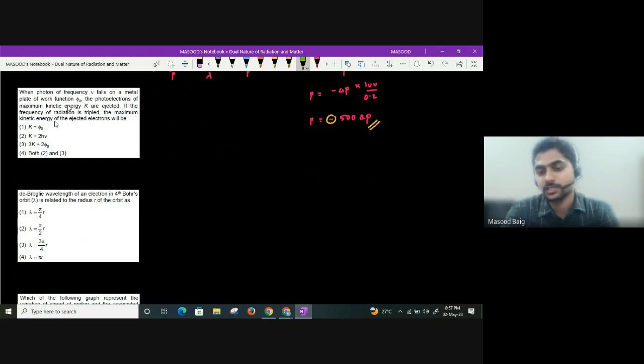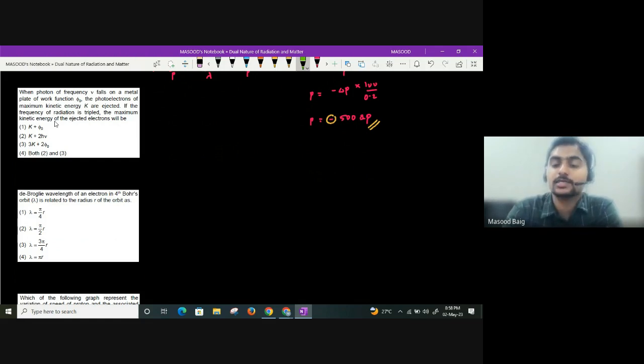If it was passing through origin, if frequency was tripled, kinetic energy would have been tripled, and if frequency was doubled, kinetic energy would have been doubled. But are they following a straight line passing through origin? No, they have a certain intercept, guys.